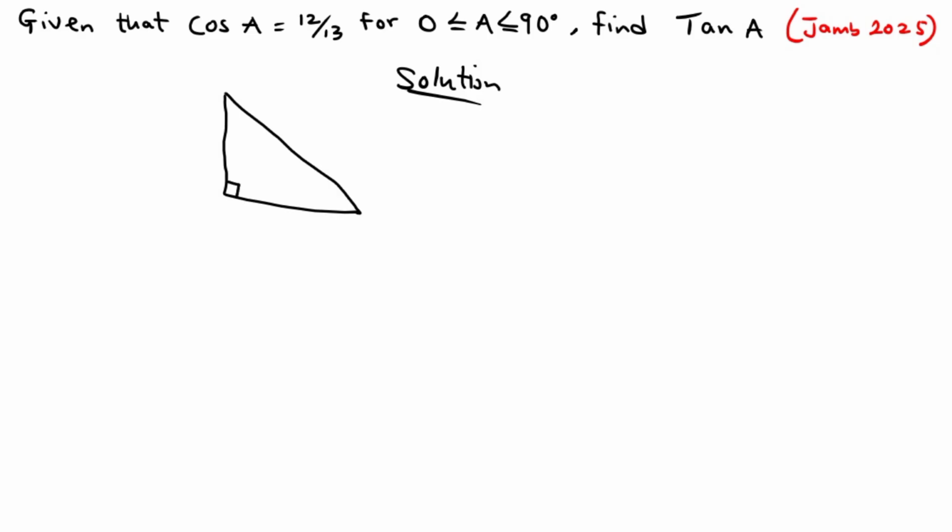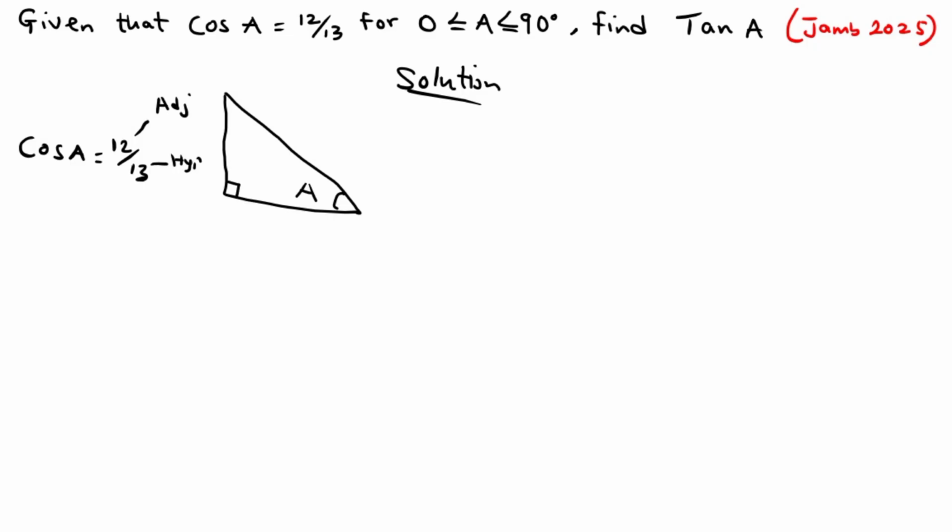Now if this place is the angle A that we are talking about, then we are given that cos A is equal to 12 over 13, and you know that cos A is always equal to adjacent over hypotenuse.